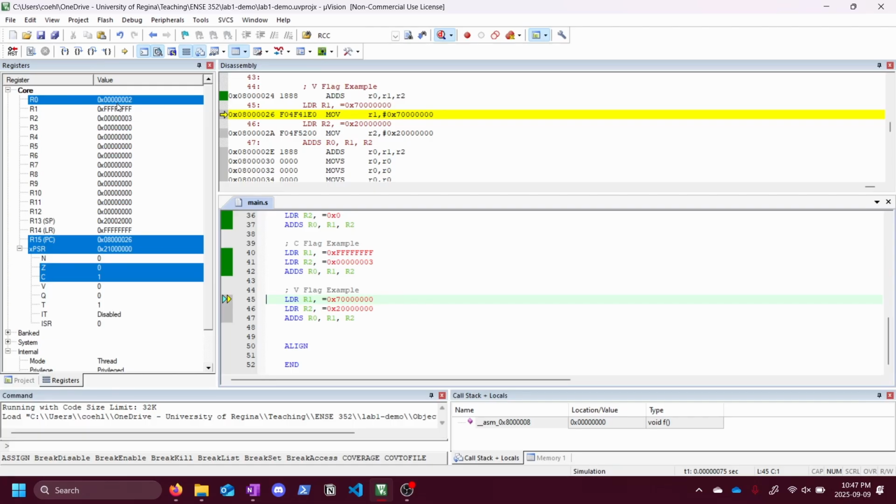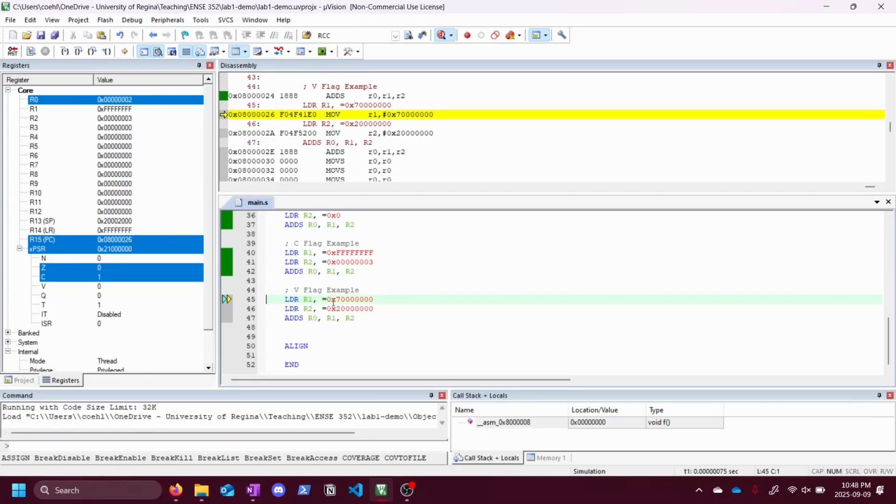Like I said, the uppermost bit determines if a number is negative or positive if you're dealing in signed numbers. So in this case, we're loading in a hex 7000 with the remaining zeros, and a hex 2000 with the remaining zeros, into R2.